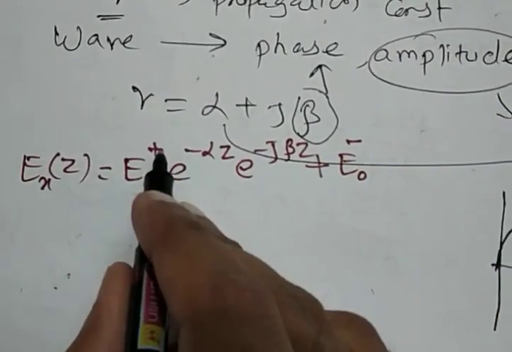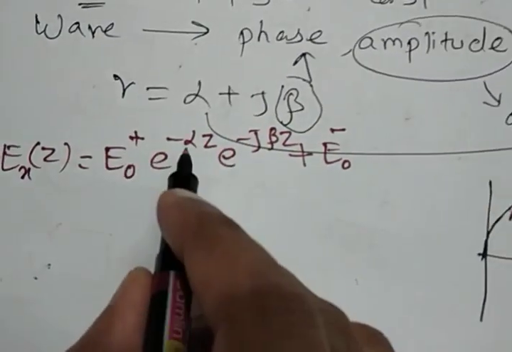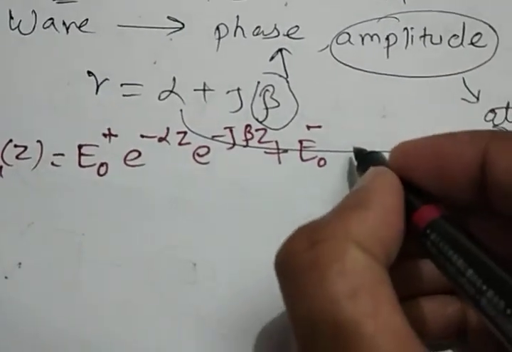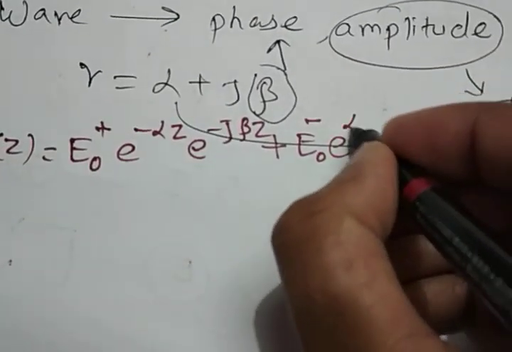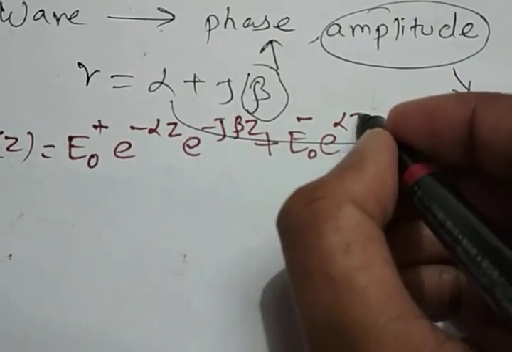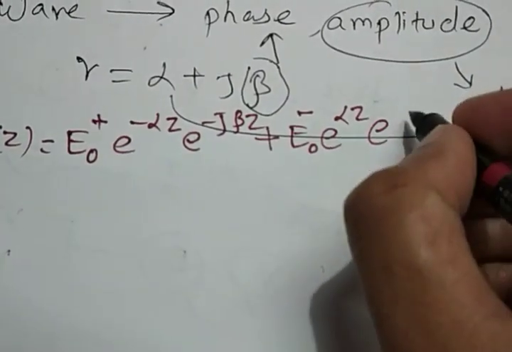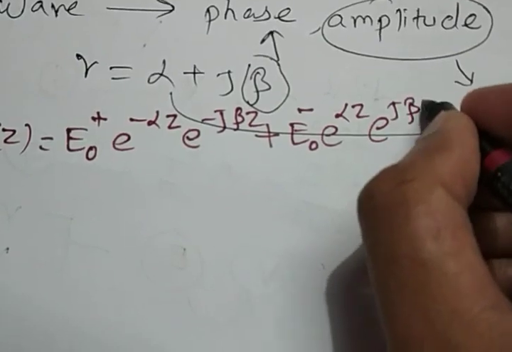If it is positive this will be negative, so here we will get the exponential terms of alpha and beta as positive, so it will be e to the power alpha z and e to the power j beta z.